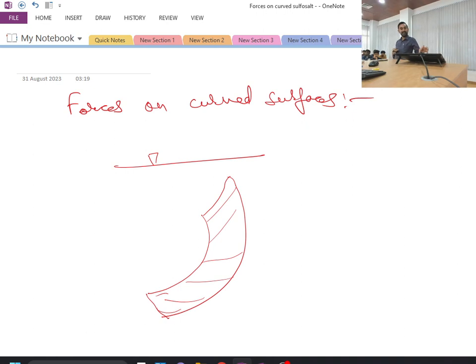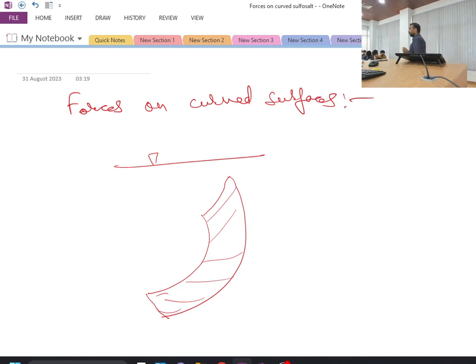But its surface area elements are oriented in different directions. That's why it will give you a lot of complexity if we go for the geometrical integration of P dA over this entire surface, because it can be of any arbitrary random shape.